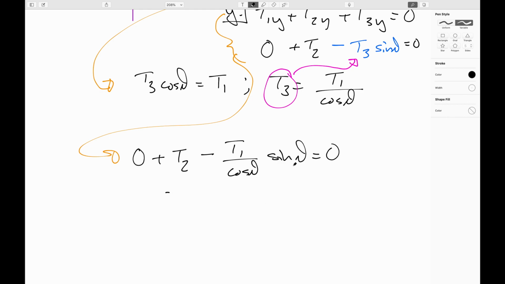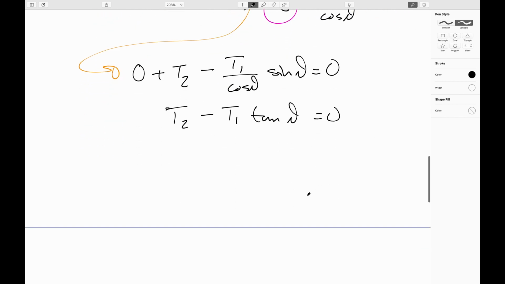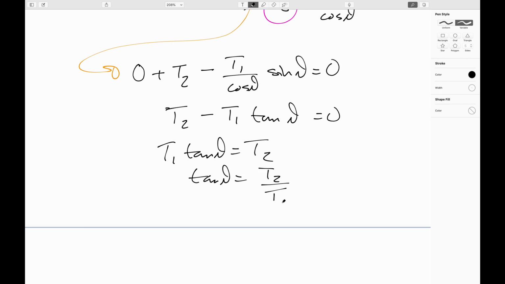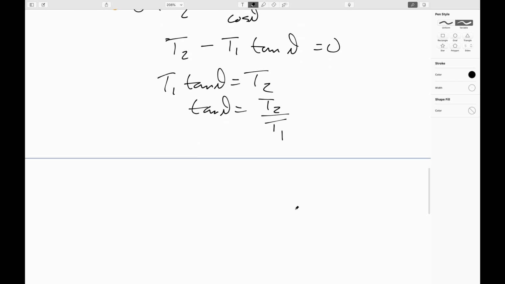Okay, so sine over cosine is tangent. And we're trying to solve for theta, so we can rewrite as T1 tan theta equals T2, tangent of theta equals T2 over T1.